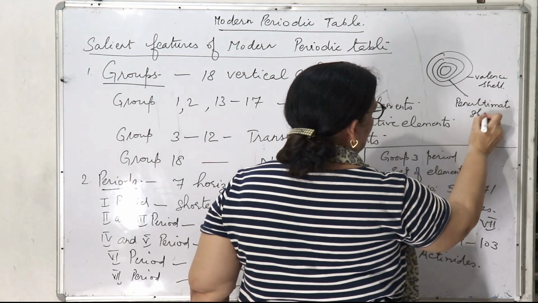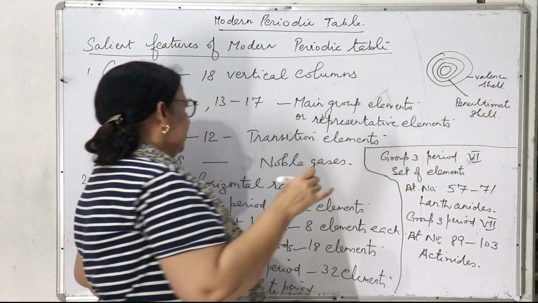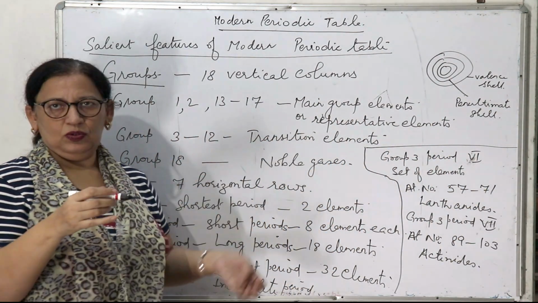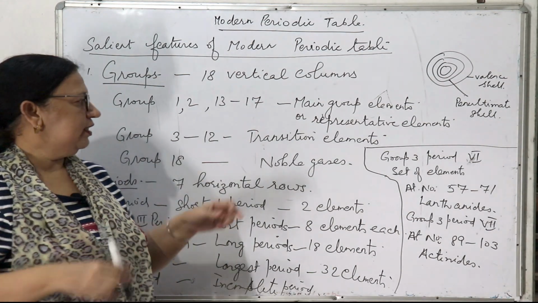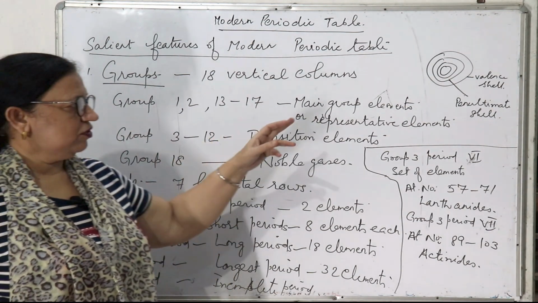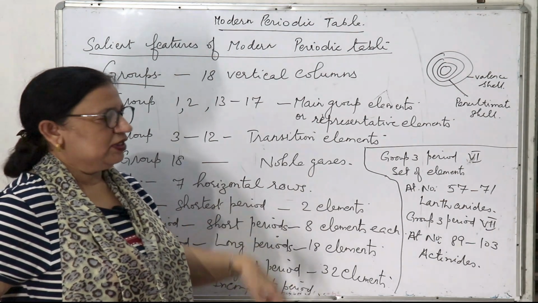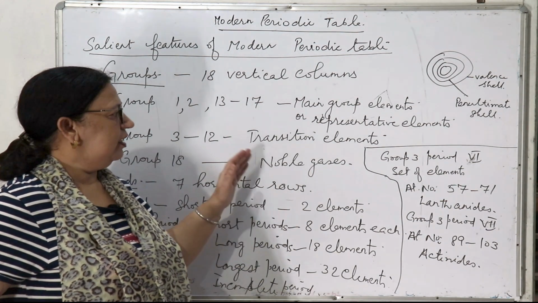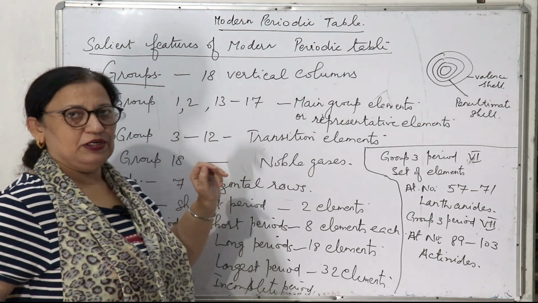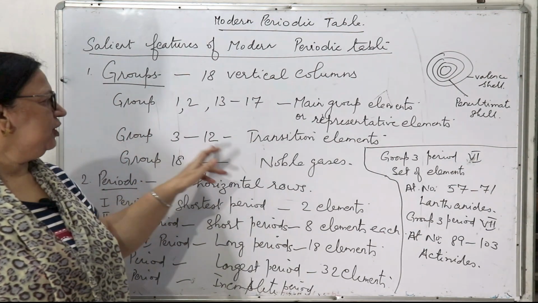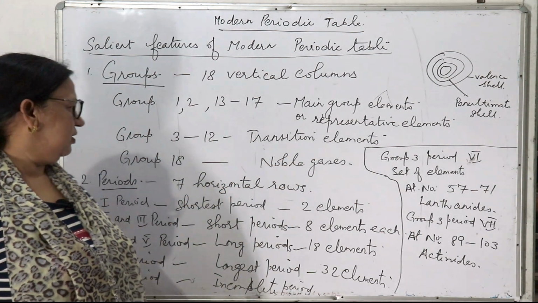Their penultimate shell is also incomplete, so they can lose electrons from the outermost shell as well as from the penultimate shell, and they usually show variable valency. Groups 3 to 12 are transition elements.